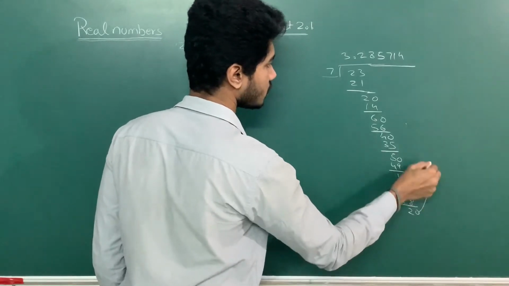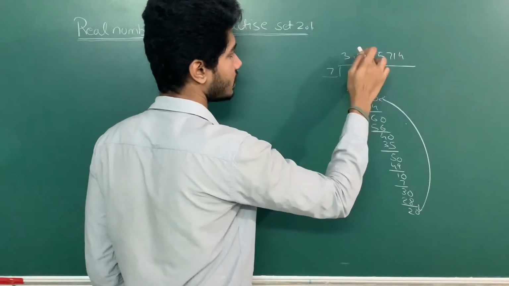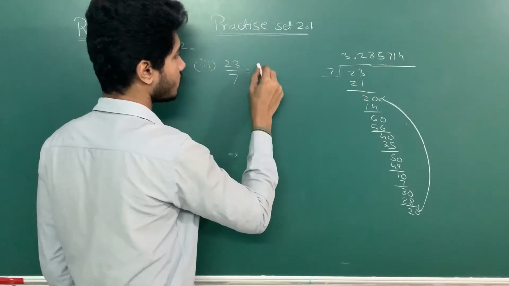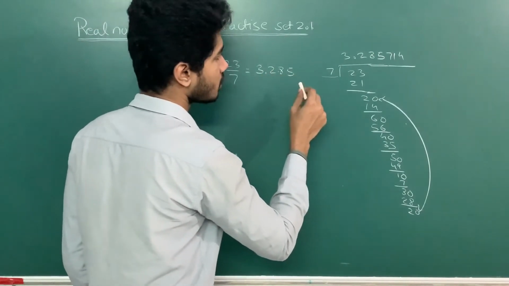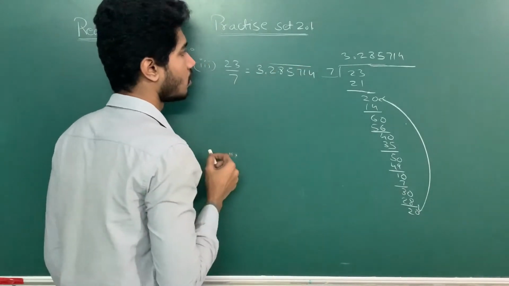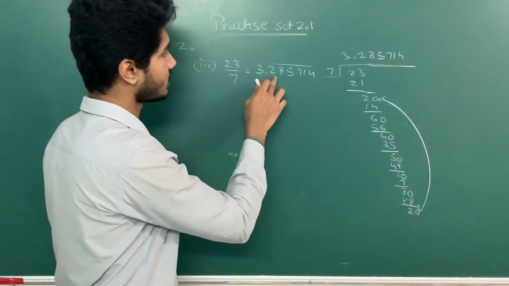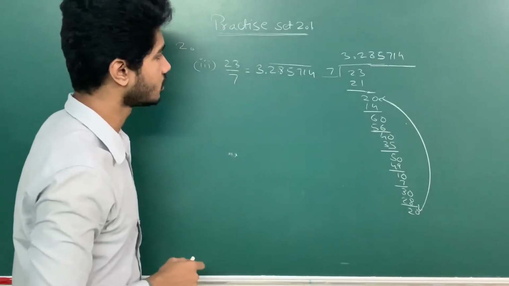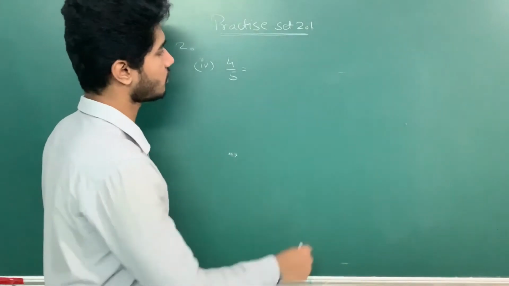Now if you see the number is getting repeated, so that means the whole number after the decimal, that is 285714, will get repeated again. So therefore you can write 3.285714 and put a bar above the numbers. So 23 by 7 can be written as 3.285714 with a bar above the decimal part. Question 4, 4 by 5.